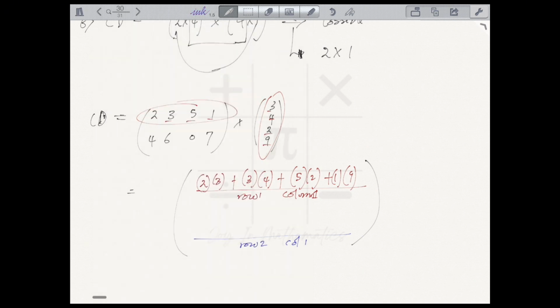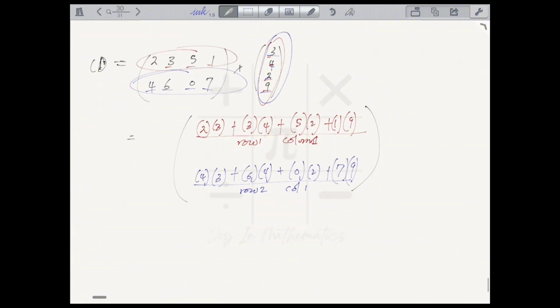And we have the second row multiplied by the first column. So that means we have the second row of C multiplied by the first column of D. So this will be 4 multiplied by 3, plus 6 multiplied by 4, 0 multiplied by 2, and 7 multiplied by 9.